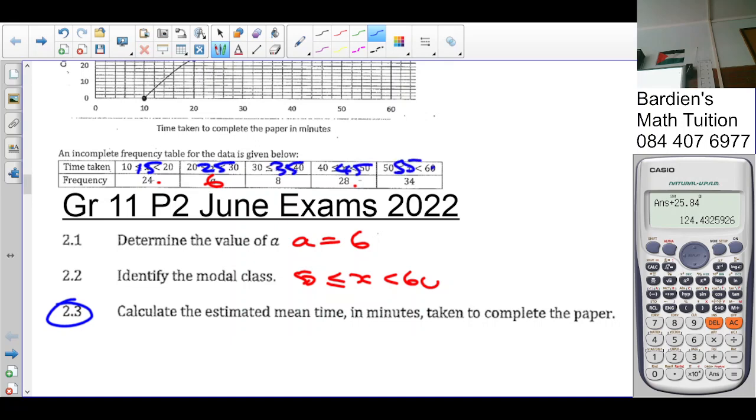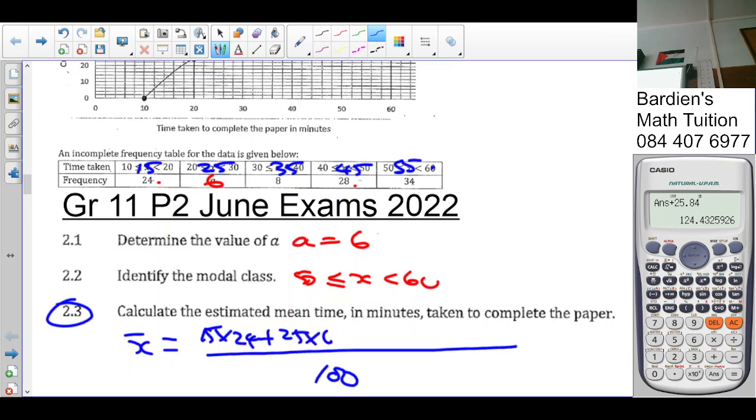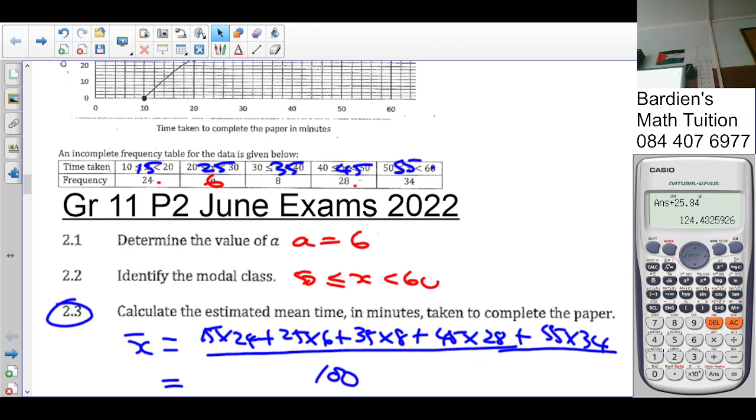Okay. So to work out your estimated mean from your distribution, this is called the distribution table. We then say, since there's 100 people in total, it's going to be 15 times 24, plus 25 times 6, plus 35 times 8, plus 45 times 28, plus 55 times 34.